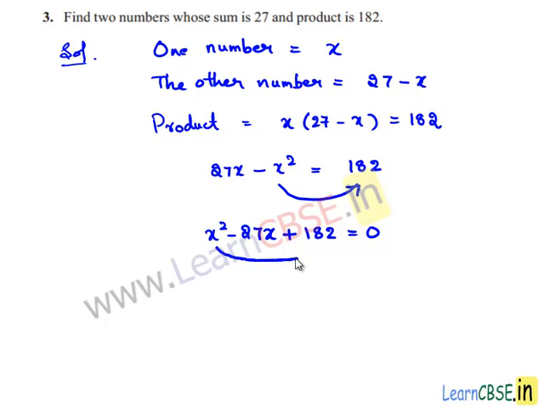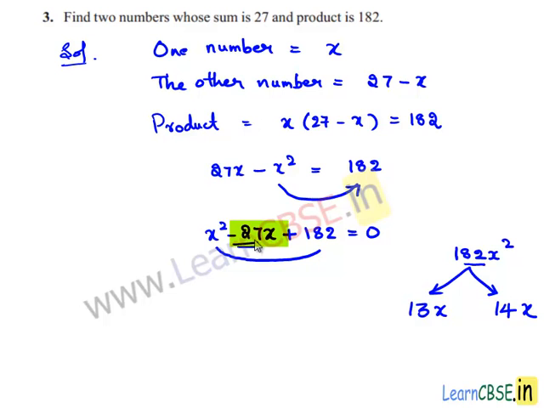The product of the first and last terms is 182x square. So we need two terms such that their product must be equal to 182x square and their sum must be equal to minus 27x. Let us take 13x and 14x. 13x multiplied by 14x is 182x square, and 13x plus 14x will be 27x.